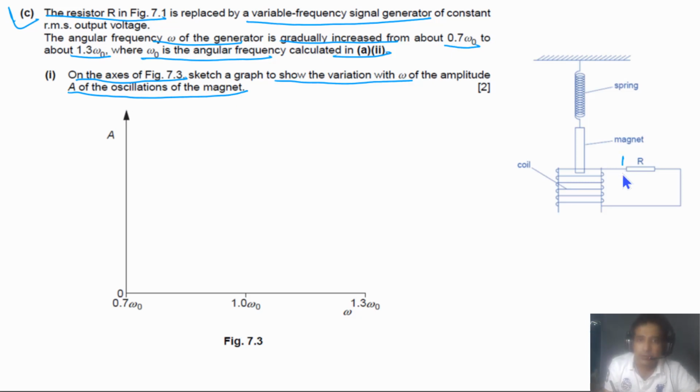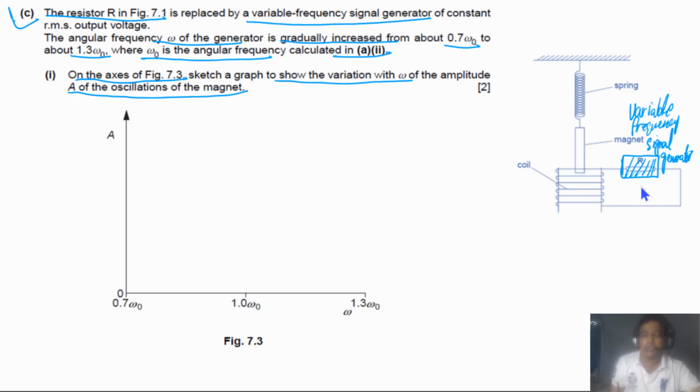First of all, it is given to us that this resistor is now replaced by a signal generator. So here we have a variable frequency signal generator, meaning the frequency we can change.